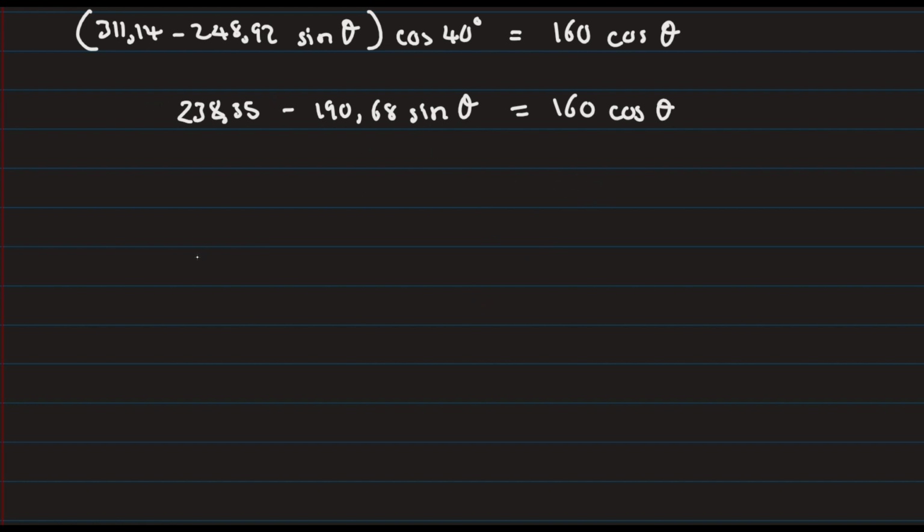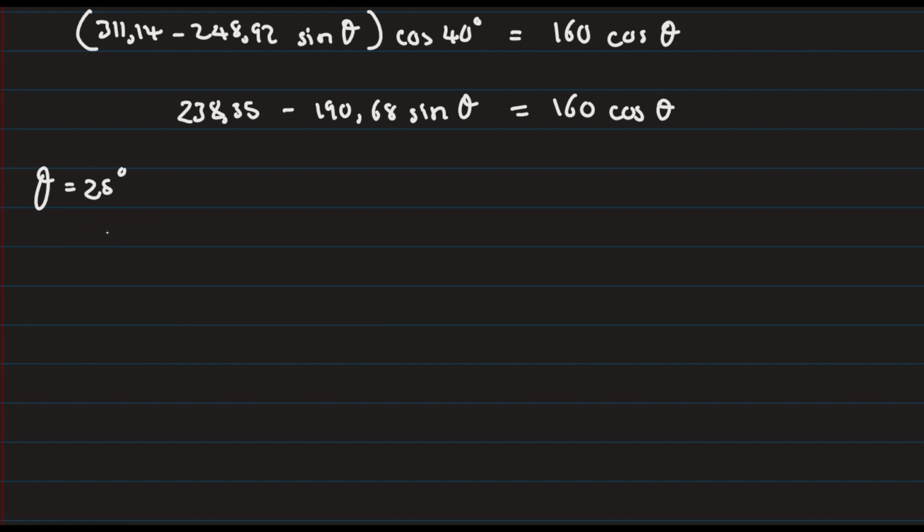So let's start by using 25. Let's say theta is equal to 25 degrees, and then we plug it into our equation. So 238.35 minus 190.68 sine 25 gives us 157.8.